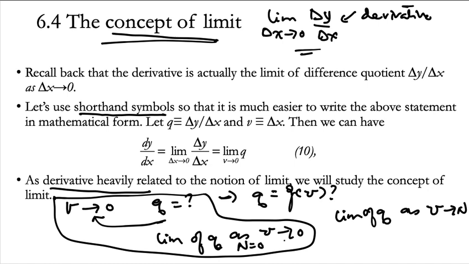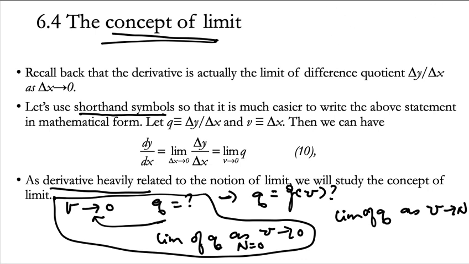Now, let me erase some of the mess here so that I can have some space to write. So when we have V approaches N, we need to find the limit of Q as V approaches N. N could be 0 or any other finite real number.